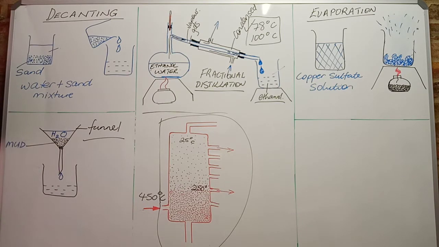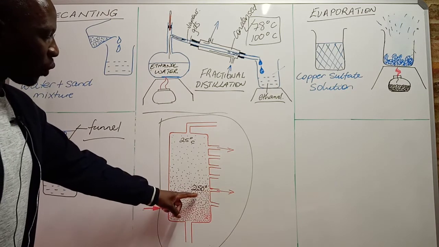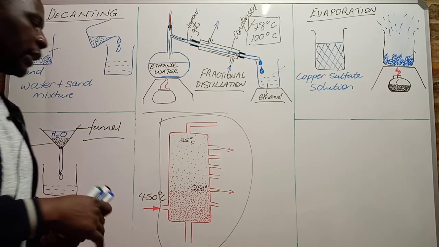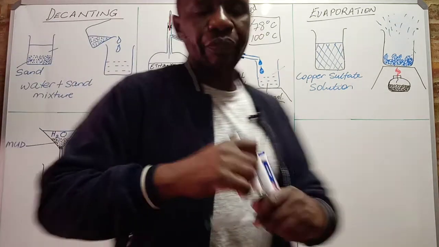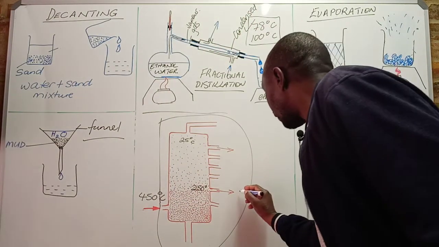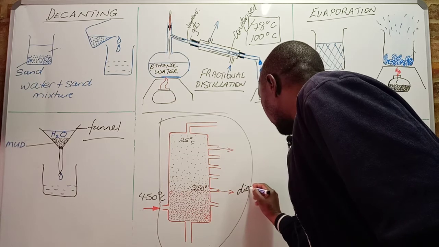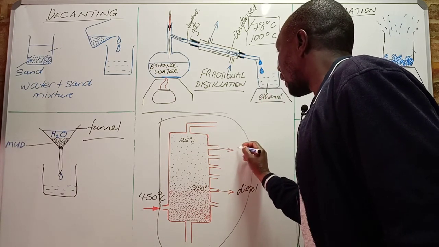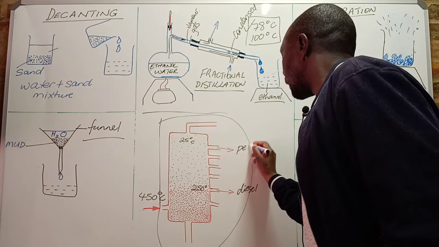So diesel will be collected at 250 degrees, and at about 25 degrees petrol is collected. At 250 degrees, this is diesel, and at 25 degrees and less, this is petrol.